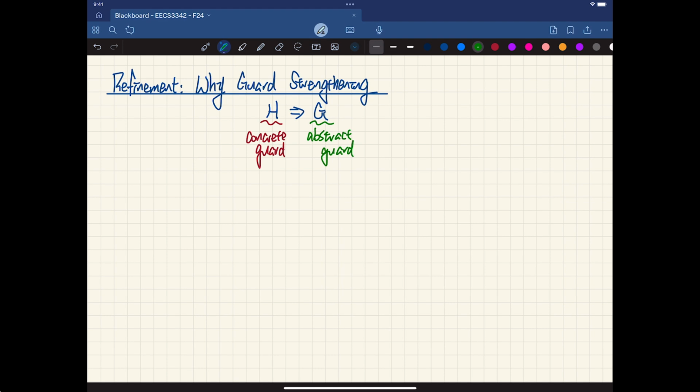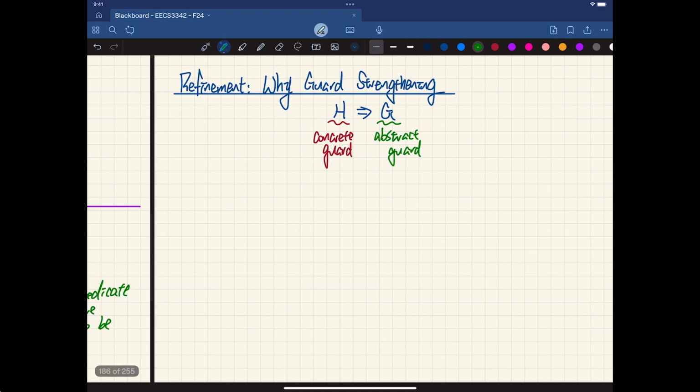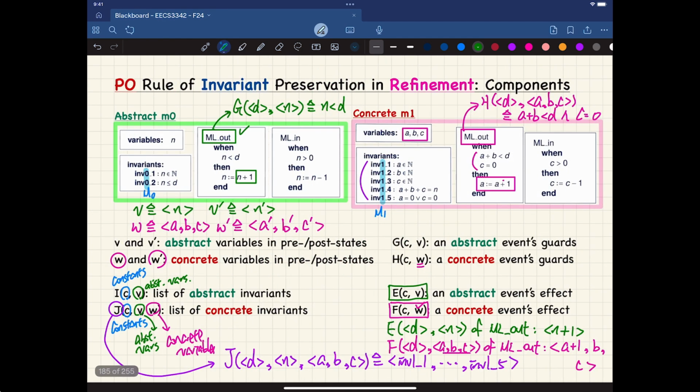All right, I want to show you something very quickly. Just go back to the model so you can see what I'm really talking about. For example, in the model over here, you're going to prove guard strengthening for every pair of the abstract and concrete events. For example, this will be the first pair to prove about it, and this will be the second pair about MLN.